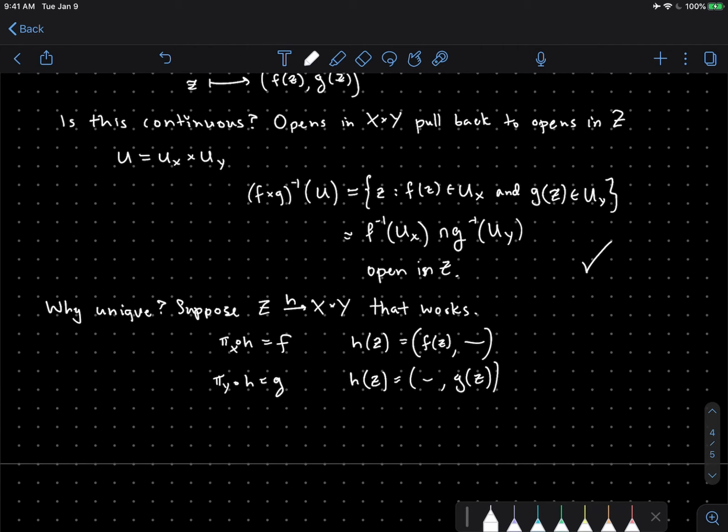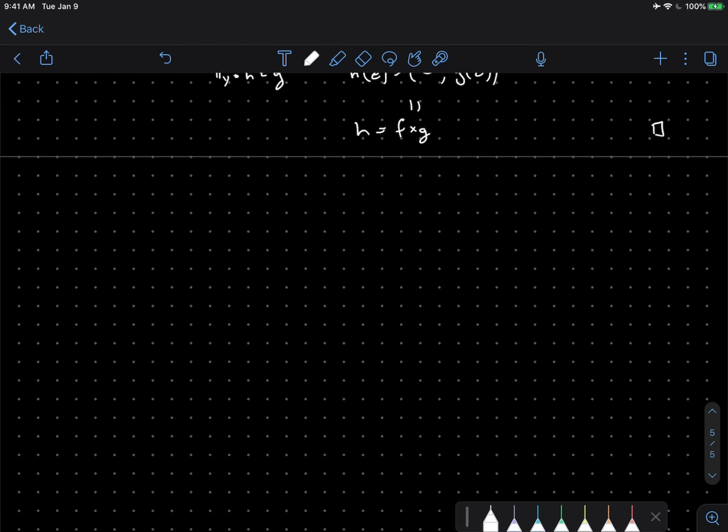Well, that just gives us that H equals F cross G. And so it's unique, and we can put a QED there.